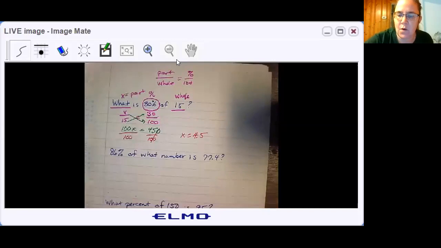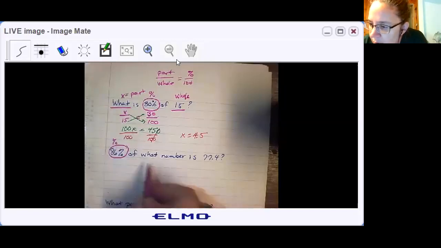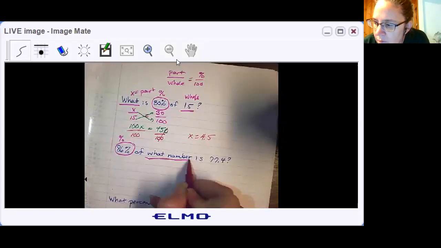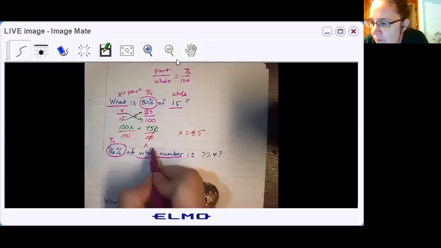Next one. 86% of what number is 77.4. So here's my percent. It says of what number? So of goes along with our whole.